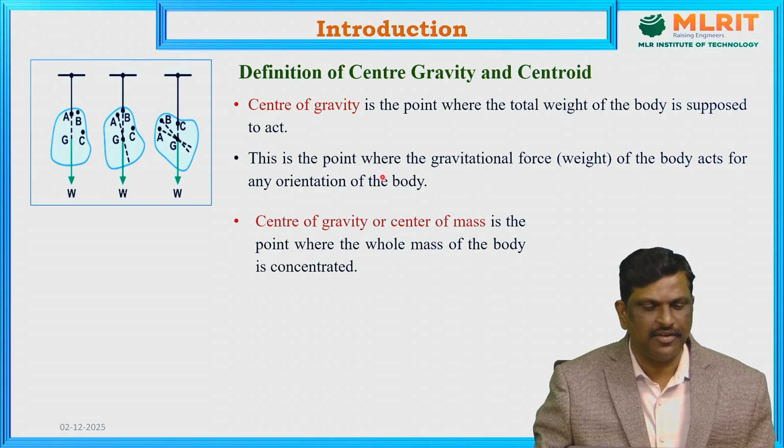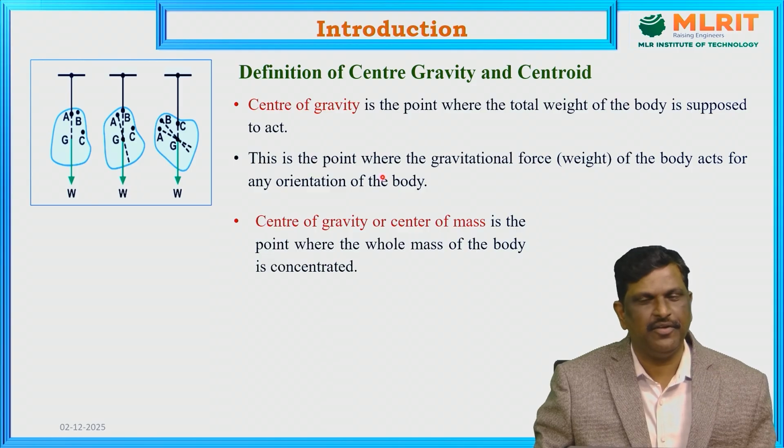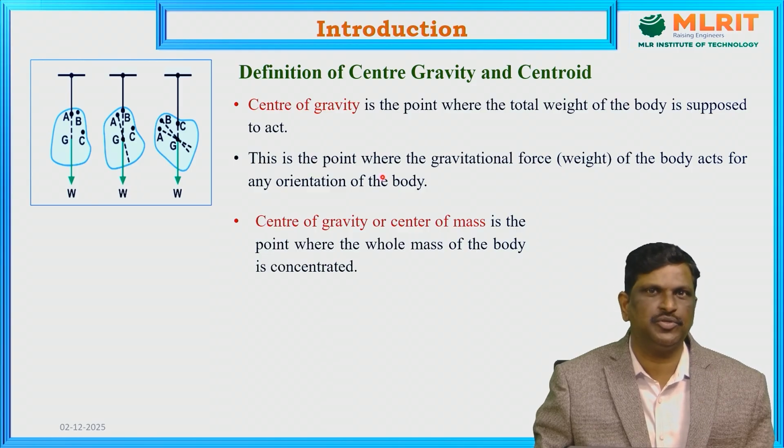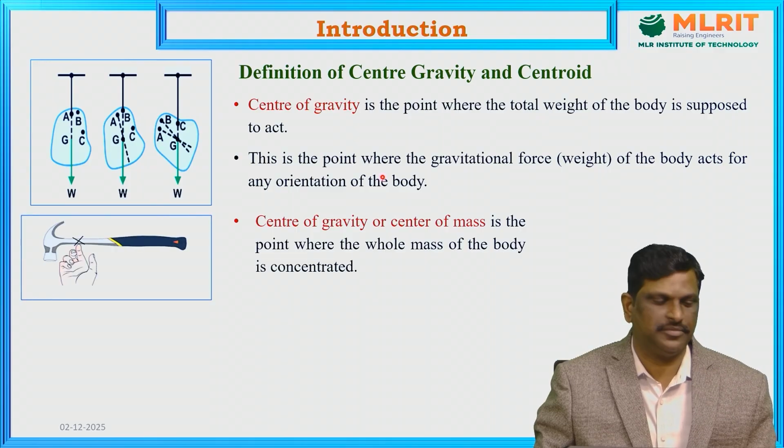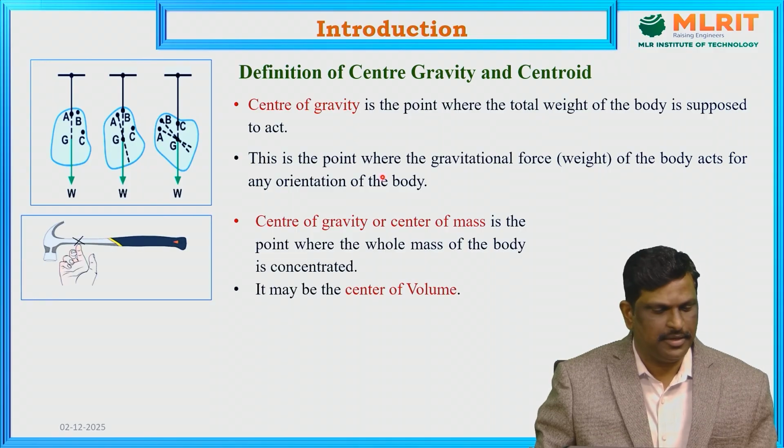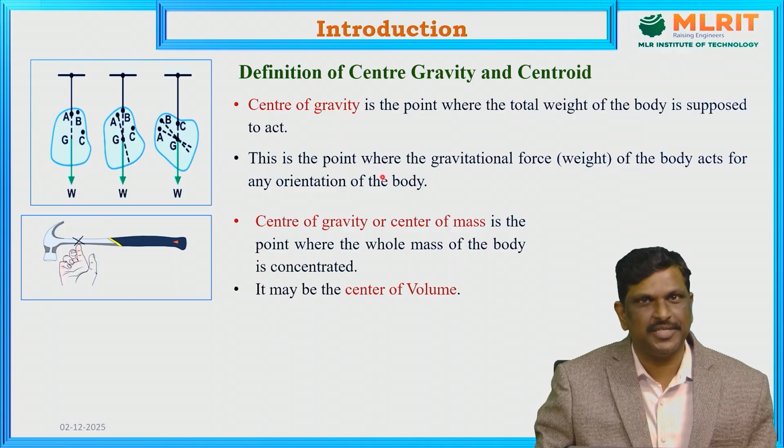Now, in the second definition of center of gravity, it is the center of mass, the point where the whole mass is supposed to be concentrated. The total mass is supposed to be concentrated at one point. That point is called center of gravity. And in the third definition, we can see it is also the volume center.